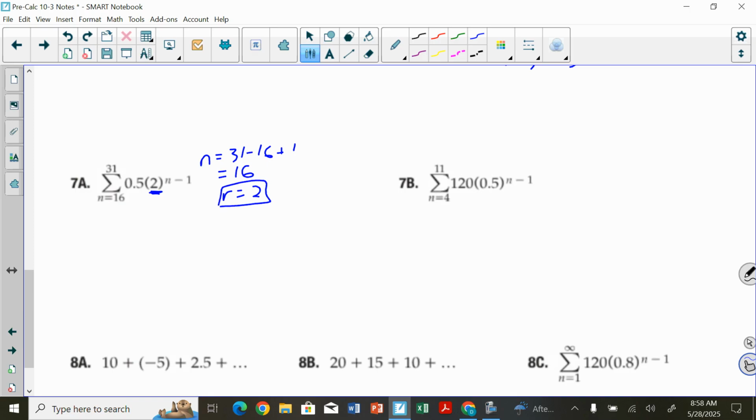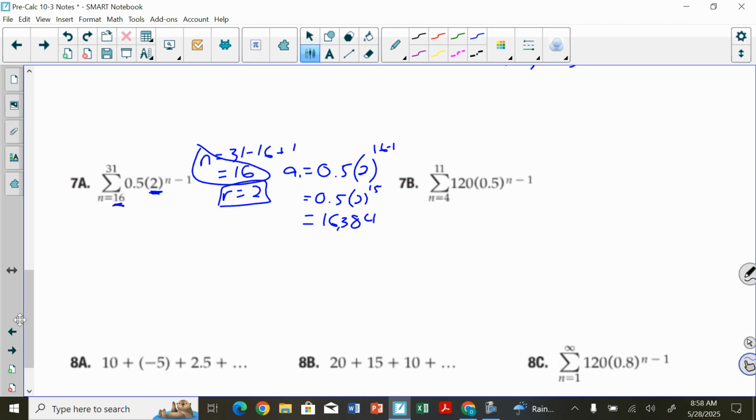So I've got R equals 2, I've got n equals 16. How about a sub 1? Now I'm going to plug in the value, 0.5 times 2. Well, a sub 1 is 16, right? So 16 minus 1 here, and I can do the math there. So it's actually 0.5 times 2 to the 15th power, which comes out to 16,384.